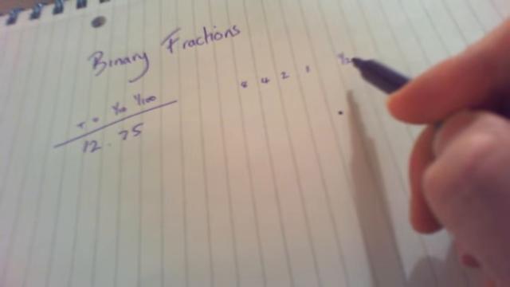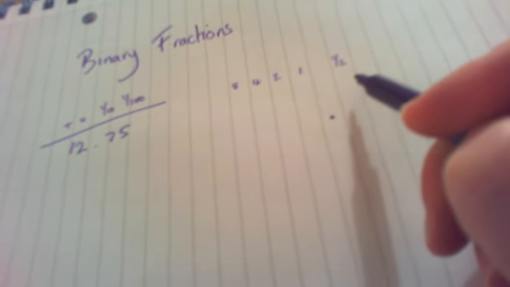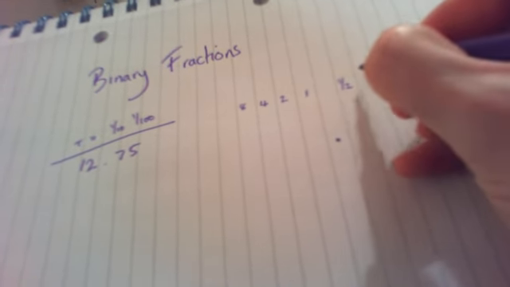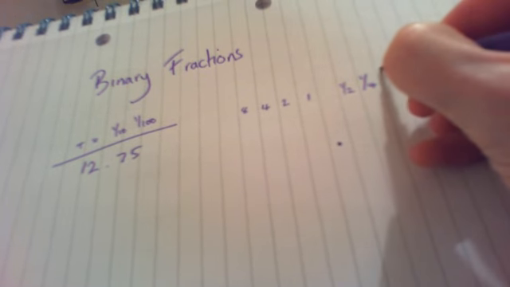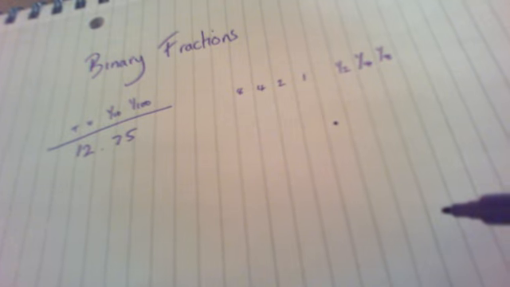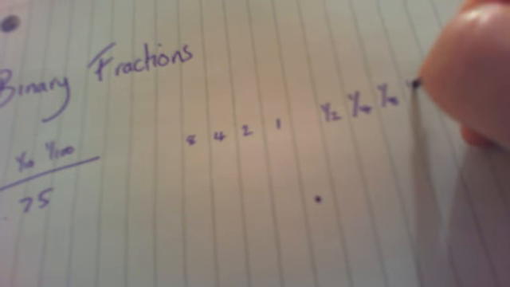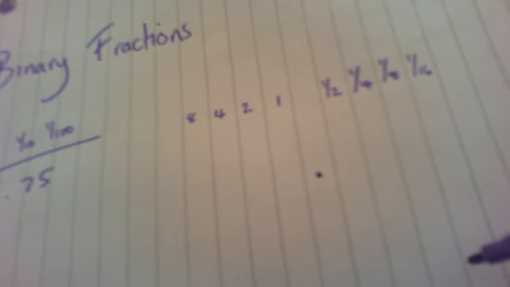So half of one is a half. Half of a half is a quarter. Half of a quarter is an eighth. You can see that. And half of an eighth is 1/16.